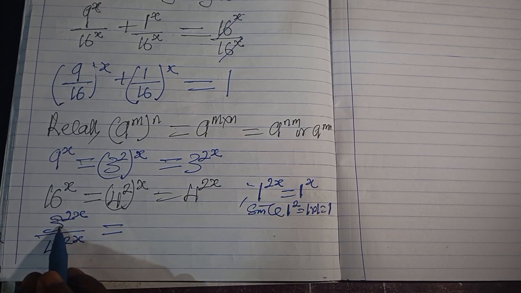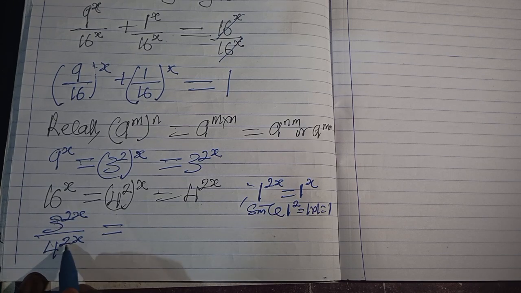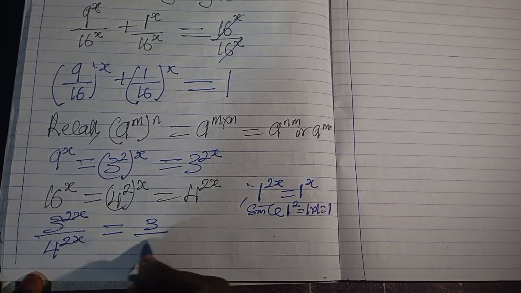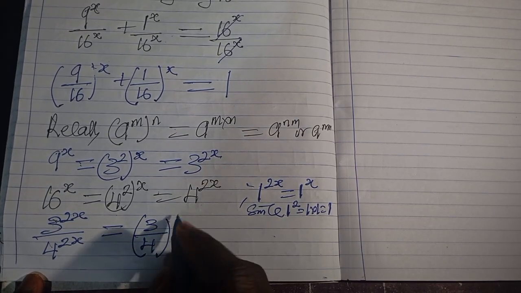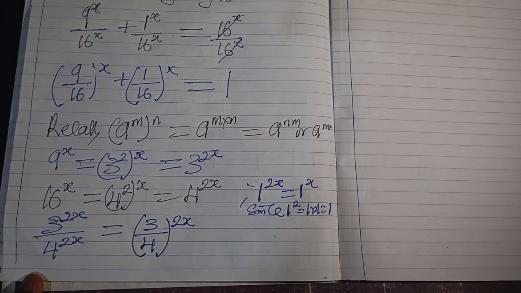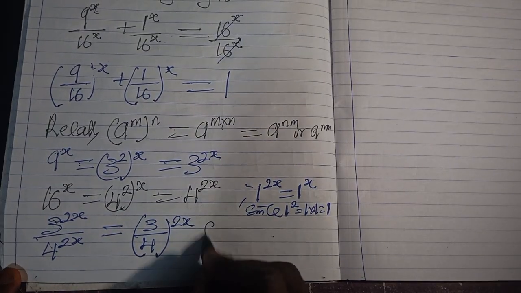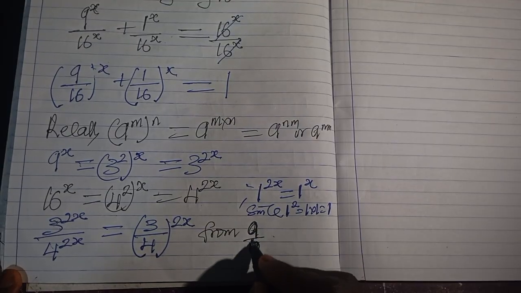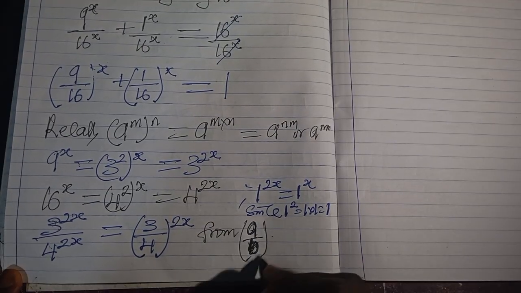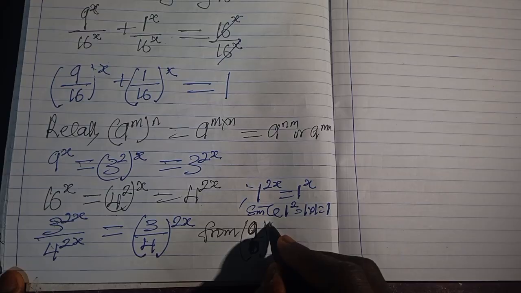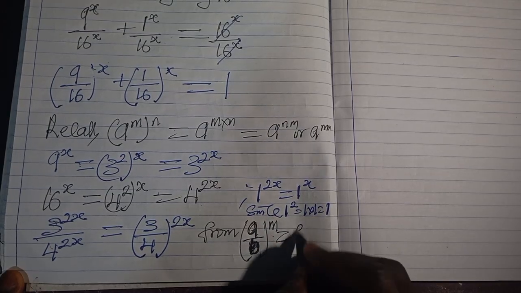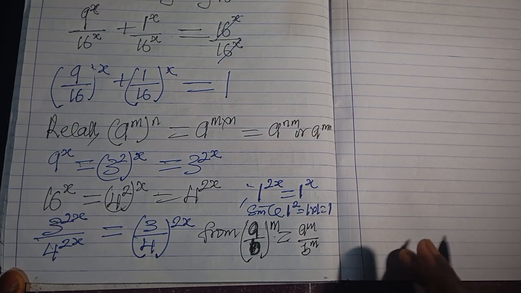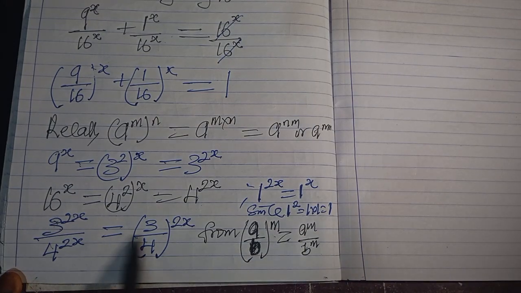Now, 3^(2x) divided by 4^(2x) can also be written as (3/4)^(2x). Good. From the rule, (a/b)^m is the same as a^m divided by b^m. When you apply this rule here, you will get this.